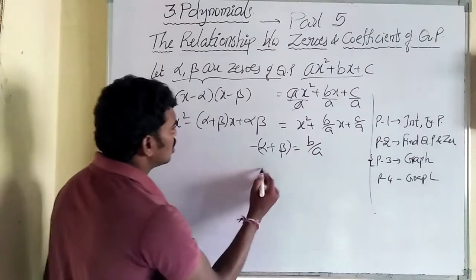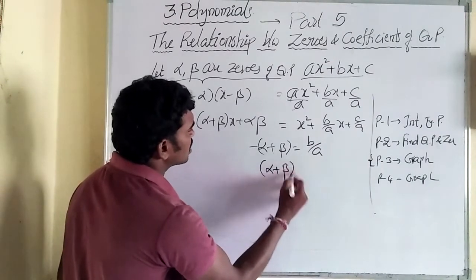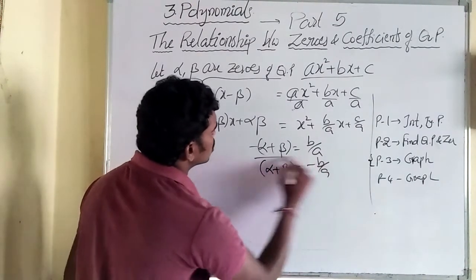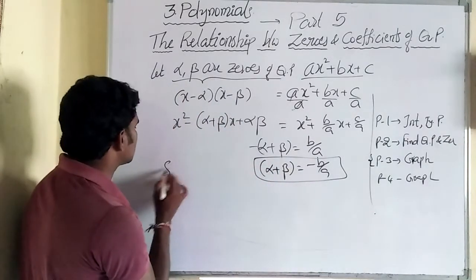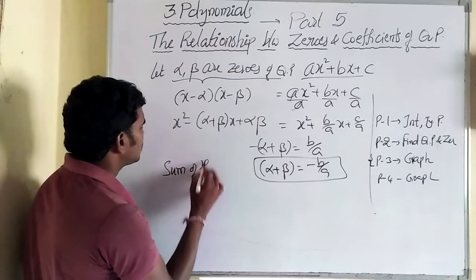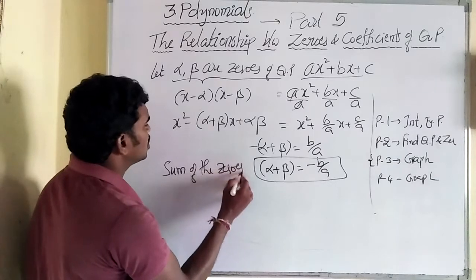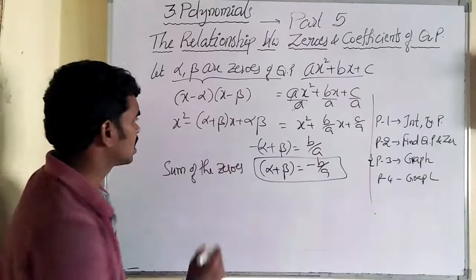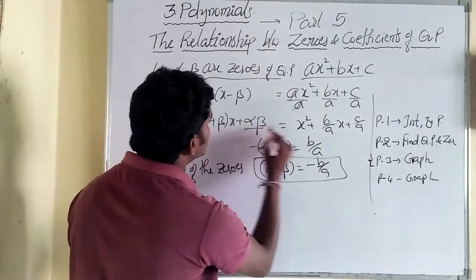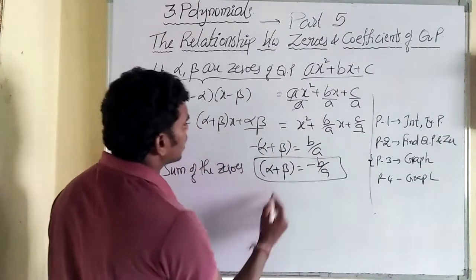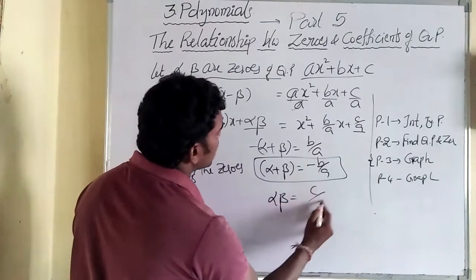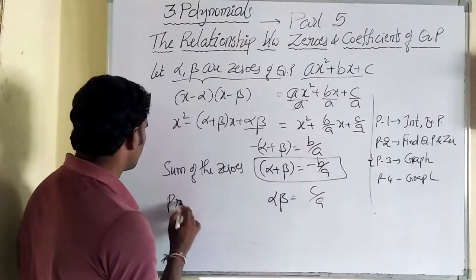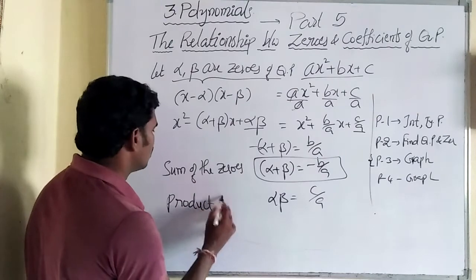Multiplying with minus, we get alpha plus beta equals minus b by a. This is taken as the sum of the zeros. We must remember this. Then compare the constant terms: alpha into beta equals c by a. This is taken as the product of the zeros.